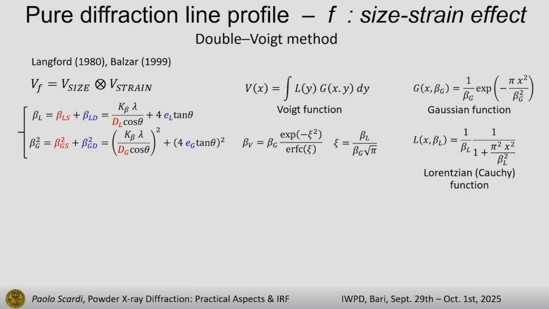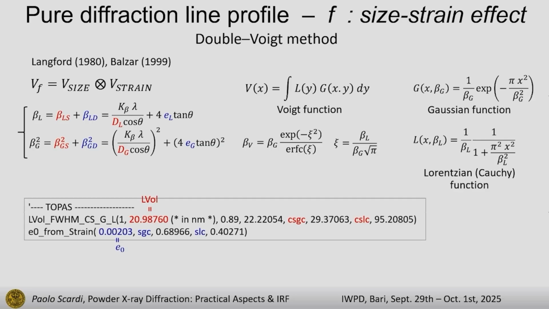And the strain is even more obscure in meaning, with this proportionality with respect to the real root mean square strain. However, to be practical and pragmatic, this is how you use the two equations in Topas. And then what you get is this L-vol, which is the number you read here, 21 nanometers in this example, and the microstrain, which is something in the order of 10 to the minus 3, okay?